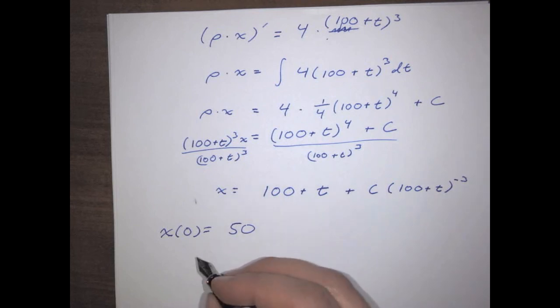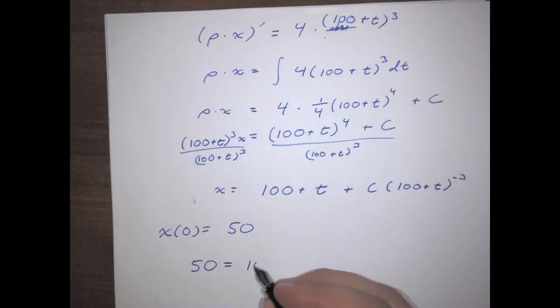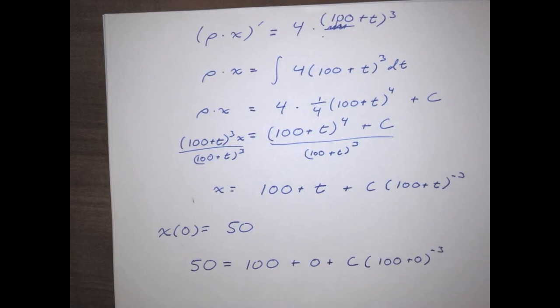And so what we're going to end up with is 50 is equal to 100 plus 0 plus c times 100 plus 0 to the negative third.